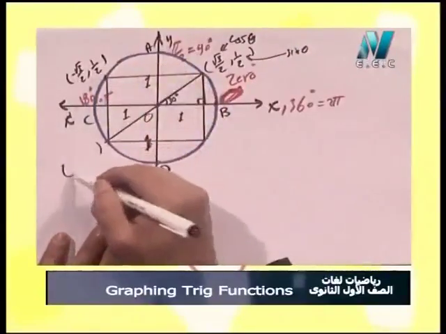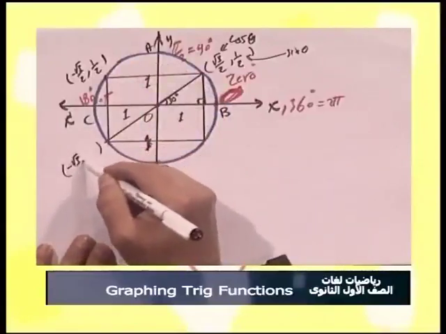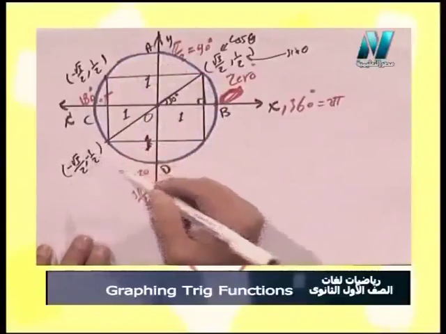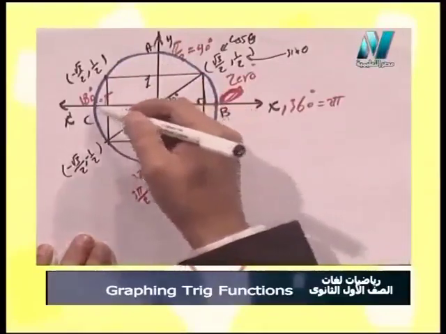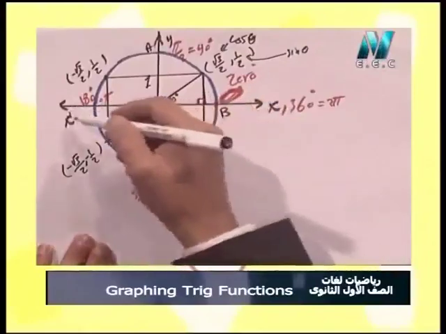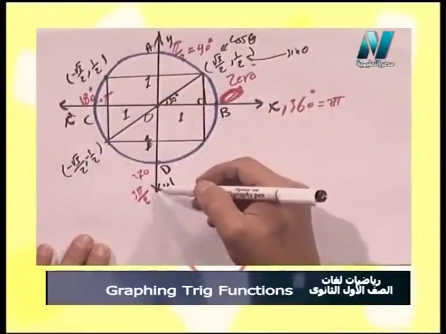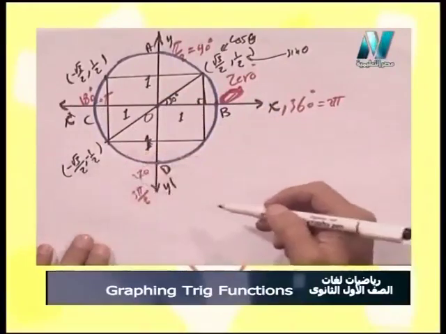Here the point or the pair will be negative root 3 over 2 and negative half. That is because the x-axis here, Ox dash, is negative, and OY dash is also negative, so negative half.